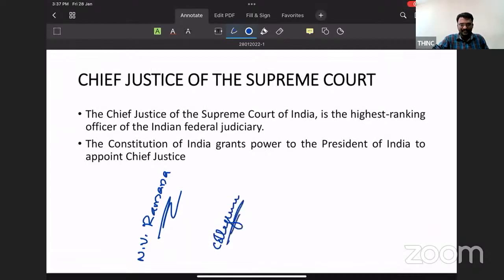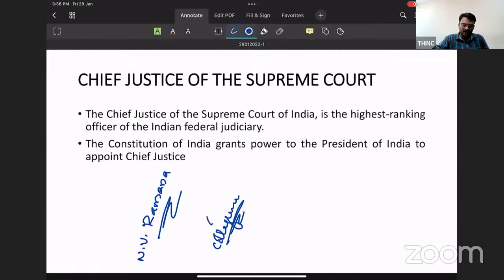The collegium consists of the Chief Justice of the Supreme Court and four other senior-most judges. That is the composition of the collegium, and their recommendation is binding on the President. And if two among them are against a particular thing, then that may not be recommended.